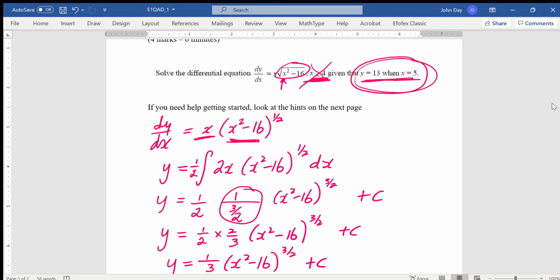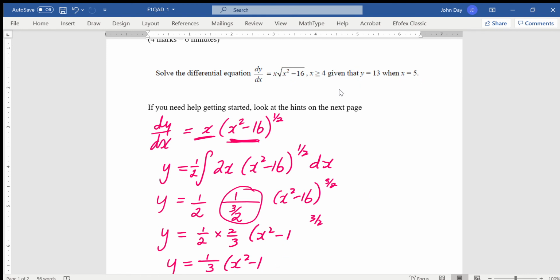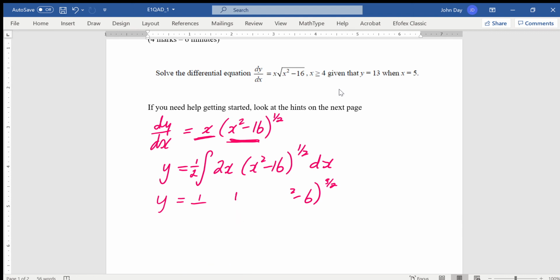Now, another way to answer that might have been to use a substitution. So I'm just going to create a bit of room here, erase some of this stuff I've drawn, to redo the question with substitution.